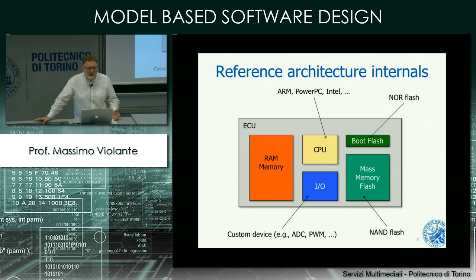Then, our processor is now able to run software, but it has to do something useful for us. So it has to be able to interface with sensors and other items in order to get the data that we need for working, as well as to provide the results of the computation to other items or to actuate some controls.